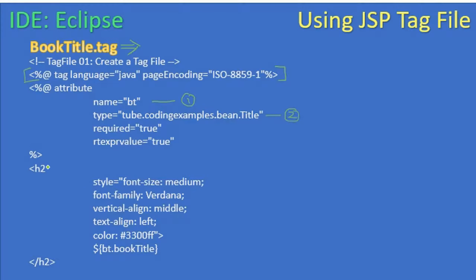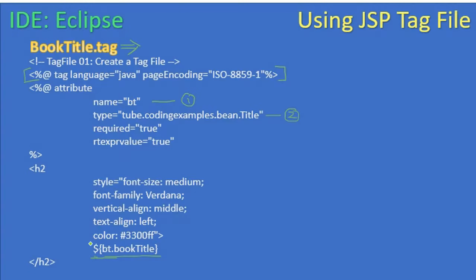So once he made that assumption, you can see how he is making the presentation. He defined an h2 tag, he or she, I mean the JSP coder, defined an h2 tag, and they set the style. After that, since the assumption was made here, it's a TitleBean type, bt.booktitle. So here we are accessing the property, and you can also see, since it's a tag file, it supports accessing context variables.